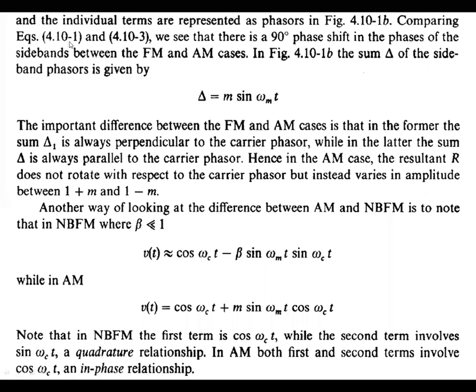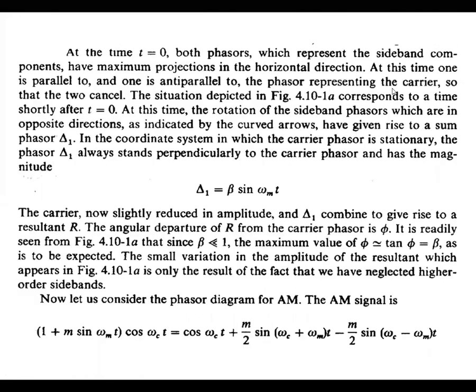Comparing with the equations, we can say that there is a 90 degree phase difference of the sideband phasors between the FM and AM. In figure B, the sum delta of the sideband phasors is given as del equal to m sin omega m of t, whereas in the previous one, del 1 is equal to beta sine omega m of t.